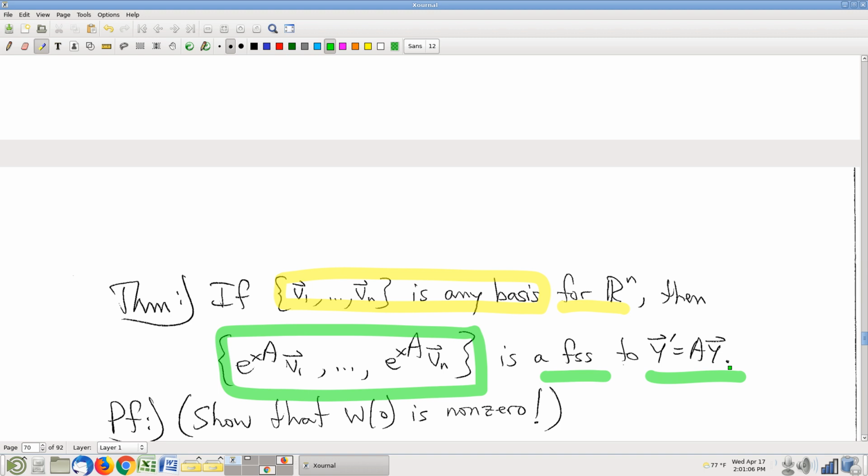This has an n-dimensional set of solutions, right? So everything lines up. All you really have to do is show that this list is independent. We have a list of vector-valued functions that you want to show is independent, and the way you're going to do that, details for you guys, is you're going to compute the Wronskian. In fact, you're just going to compute the Wronskian at a single value of x. You're going to compute the Wronskian when x is equal to 0.